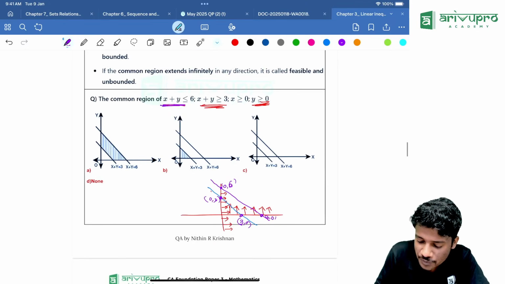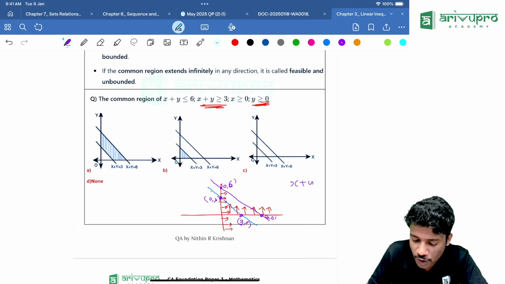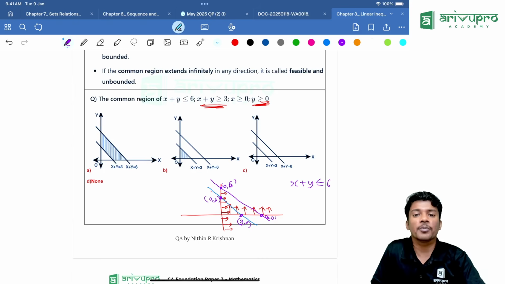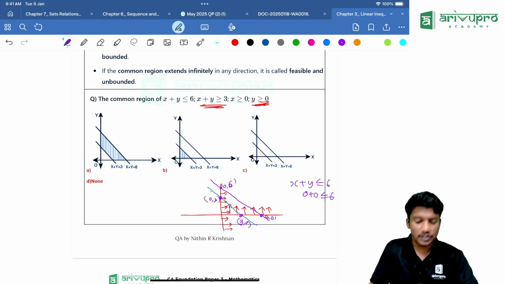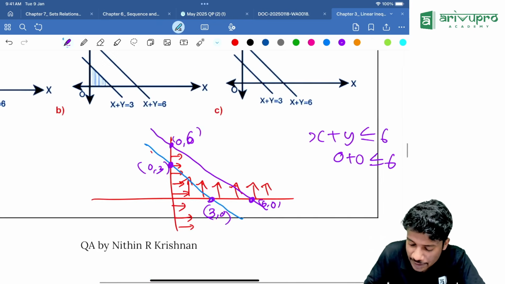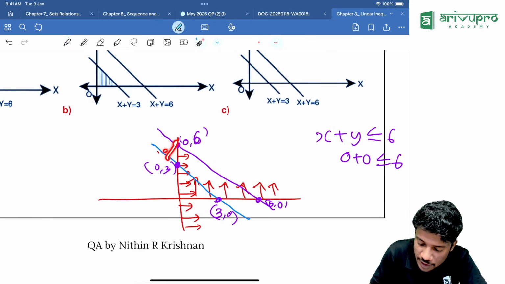For this, we will assume, for x plus y less than or equal to 6, put 0, 0. That means 0 plus 0 is less than or equal to 6. Is that correct? That means the area is towards the origin.